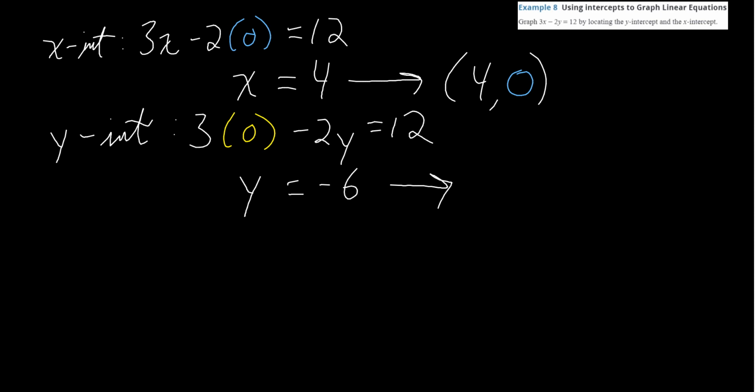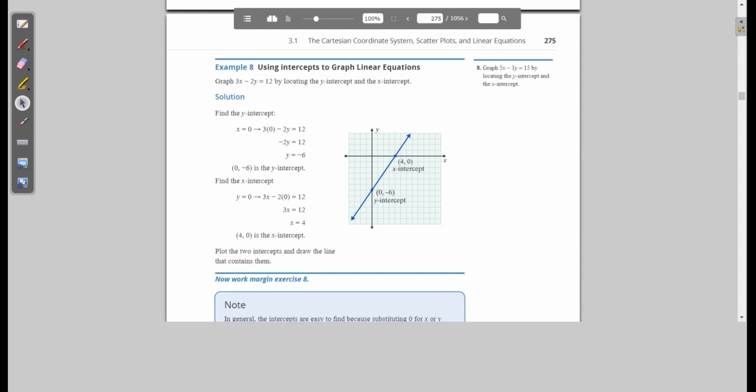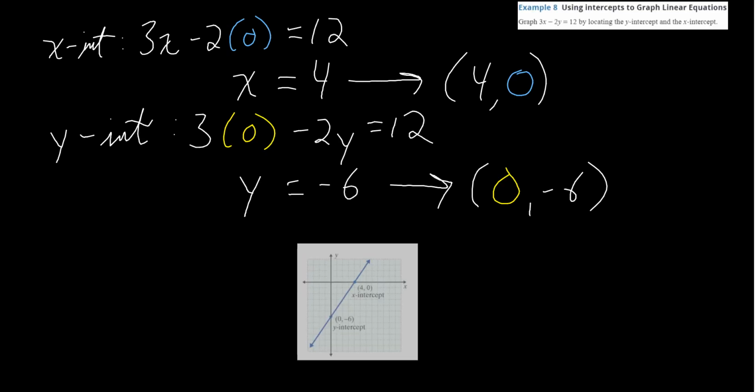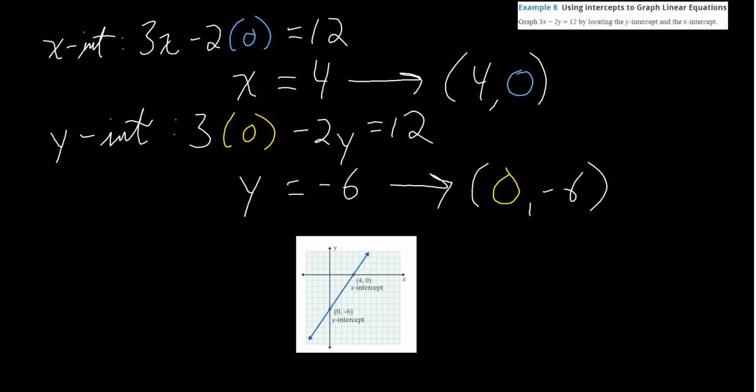So my x, I gave it the value of 0, and I got out the value of negative 6. So these are my ordered pairs for my graph. Then I plot those points, and here we go. Nice, pretty graph.